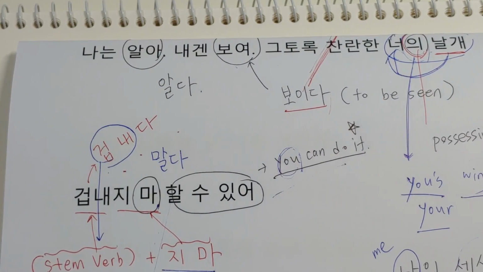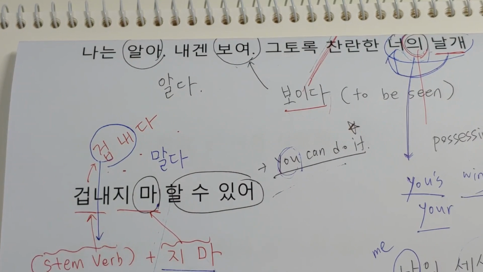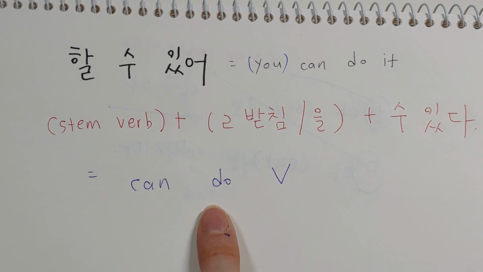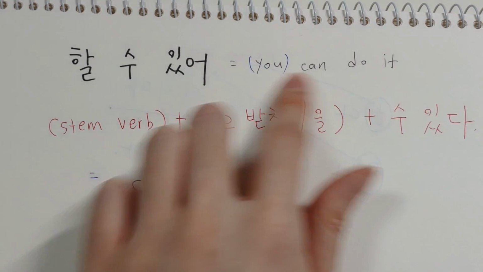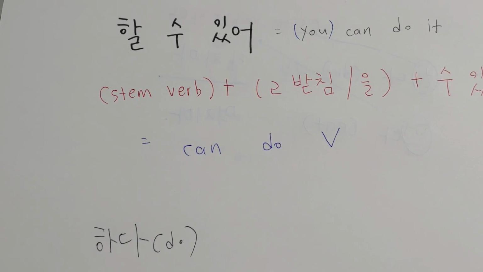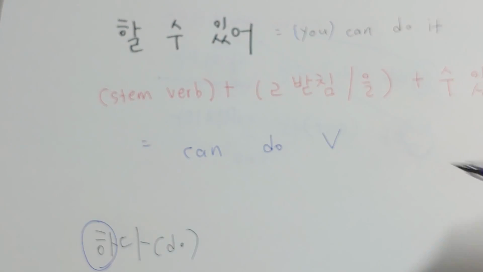And when you want to say you can verb, here's how you conjugate the verb. So when you want to say you can do like verb, here's the formula. So we know that do is 하다 and its stem verb is 하.